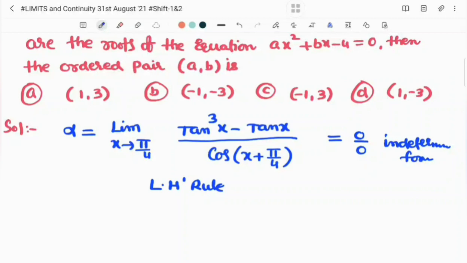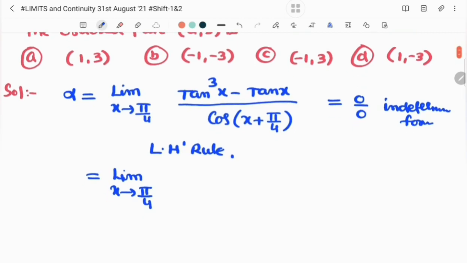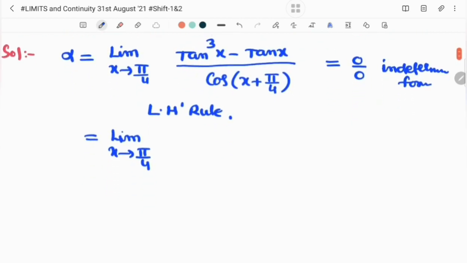By using L'Hospital rule, alpha equal to limit x tends to pi by 4. L'Hospital rule means differentiation of numerator, differentiation of denominator. First, tan cube x is there. So it is in the form of f of x whole power n; the derivative is n into f of x whole power n minus 1, and again you differentiate f of x.